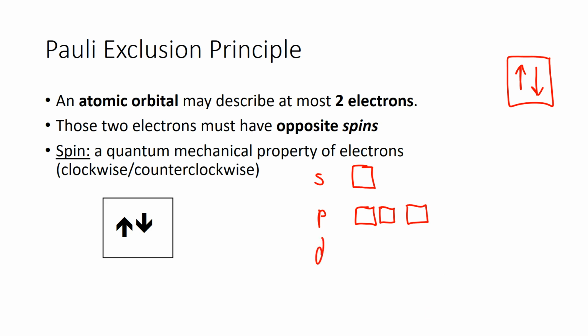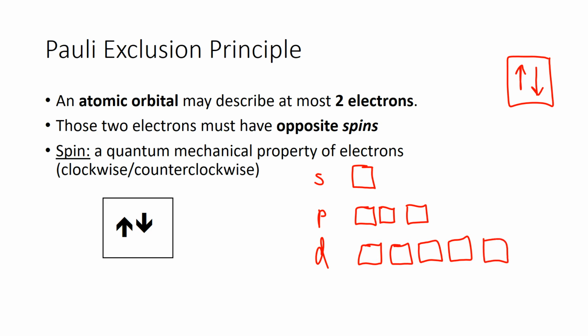And then when we get to D, remember D can hold up to 10 electrons. So how many boxes would we have? 5. Okay, so I think this might be a silly question, but do you just have to know that it's 3, or can you figure it out?